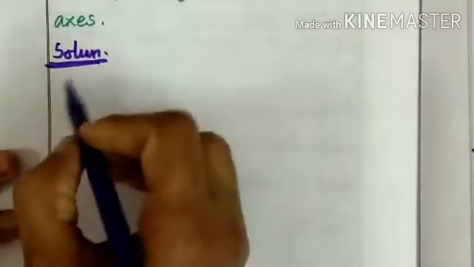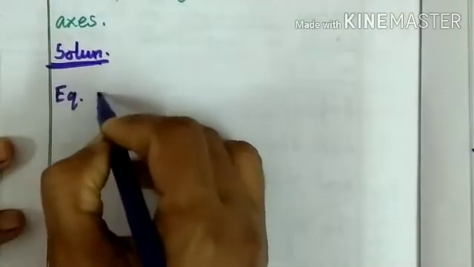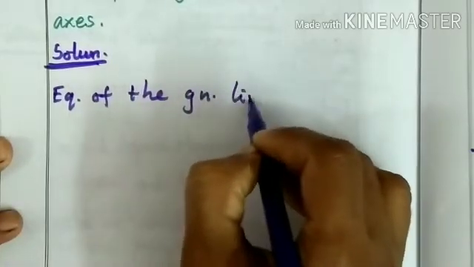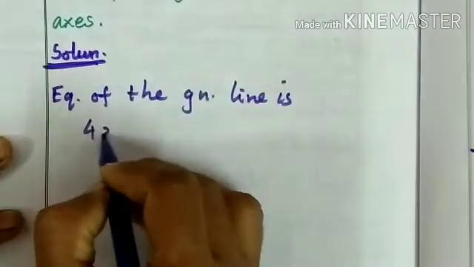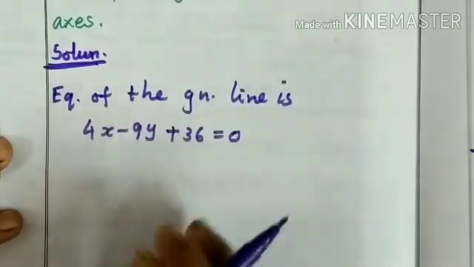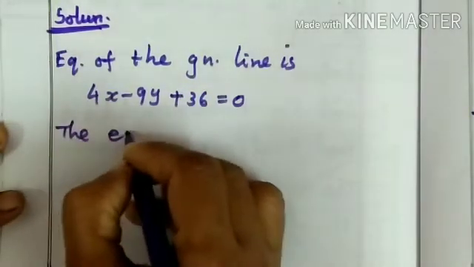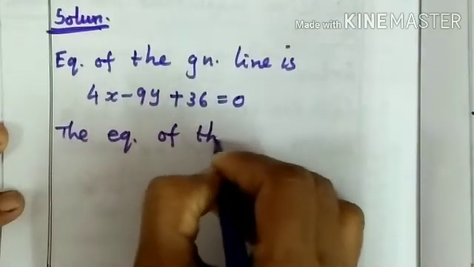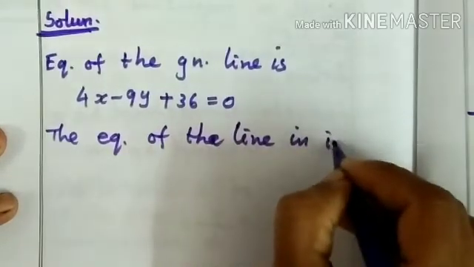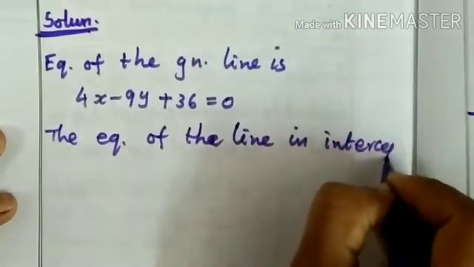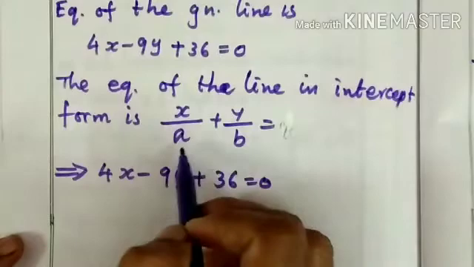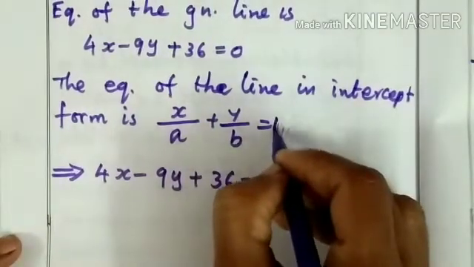First you write down the given equation of the line, which is 4x minus 9y plus 36 is equal to 0. The equation of the line in intercept form is x by A plus y by B is equal to 1.